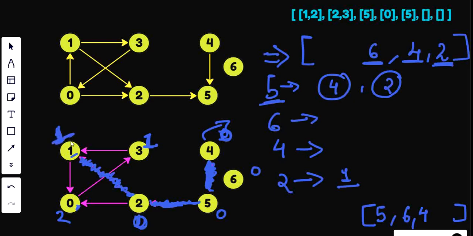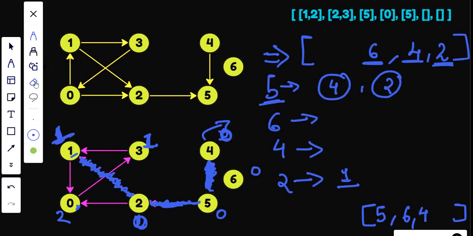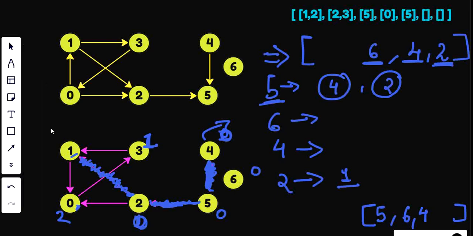But this is not equivalent to 0, right? So fine, proceed to the next element. The next element is 0. Now delete this outgoing edge. Once I delete this outgoing edge, what will be the in degree of 0? It will become 1, which is also not equivalent to 0. So I won't insert this in my queue as well.